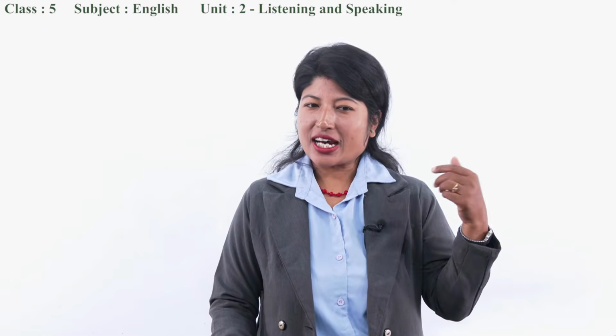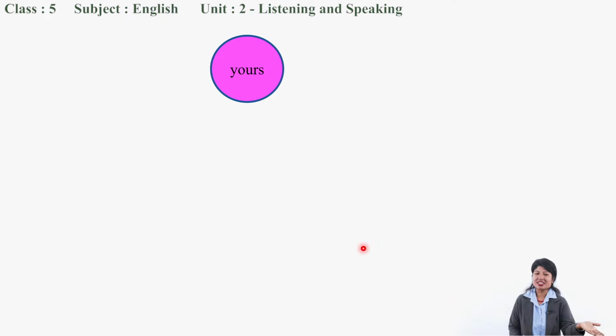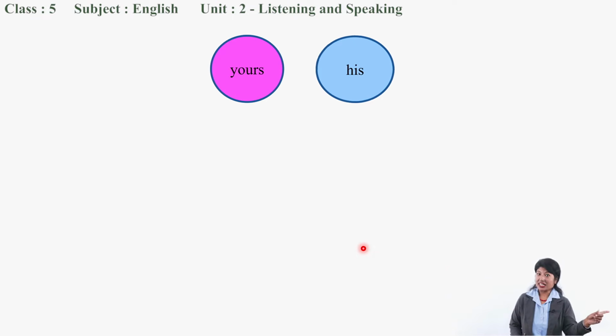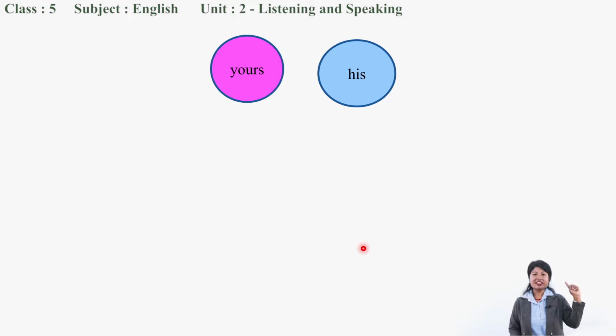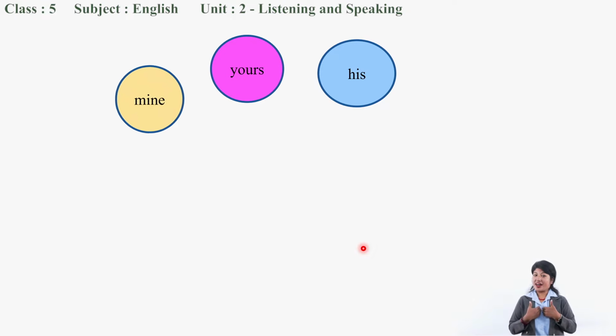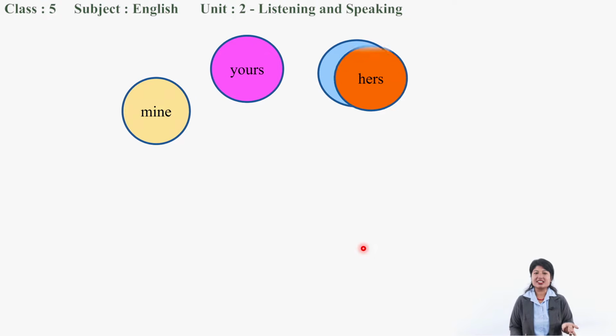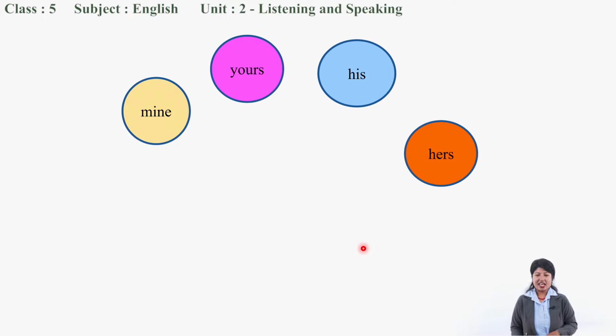Okay, the words like yours. Come on, tell me such words. Yours. Okay, you can tell more than the song includes, okay? More than in the song. So, his. Okay, and what else? Mine. Okay, mine. Hers.